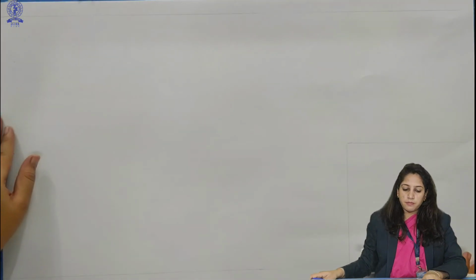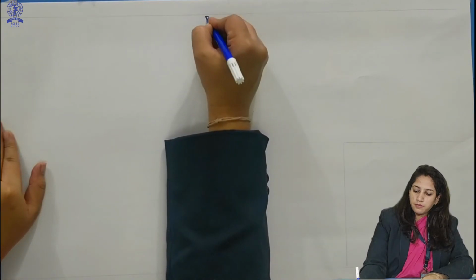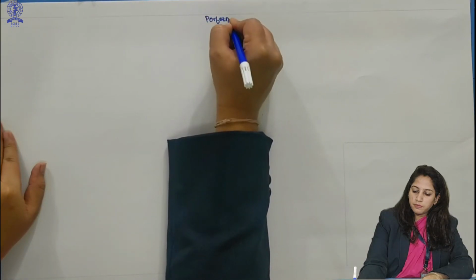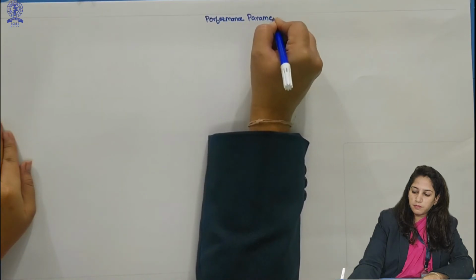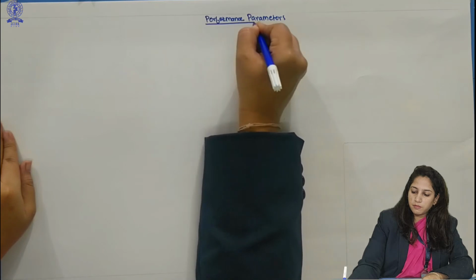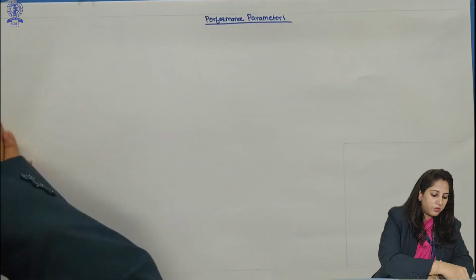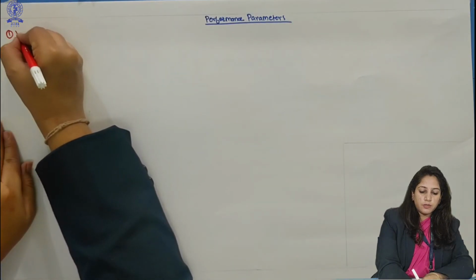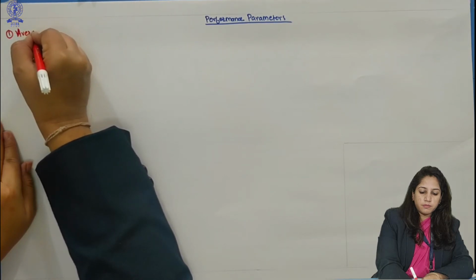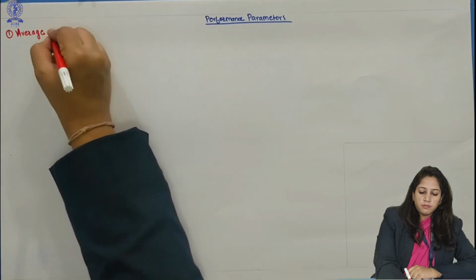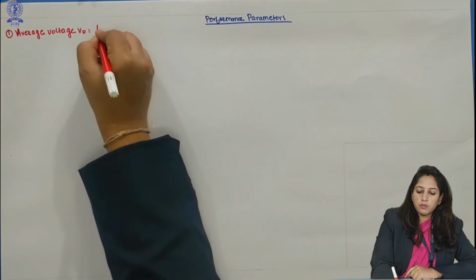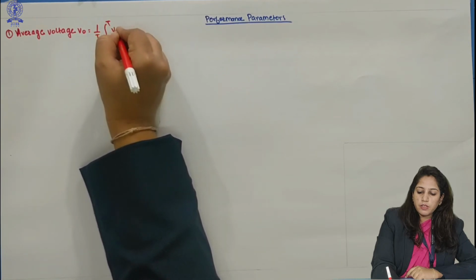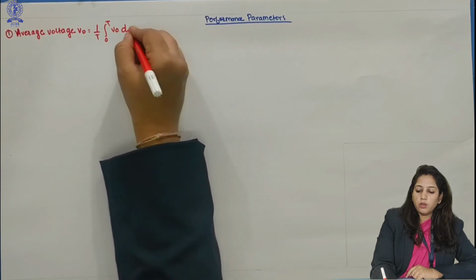Let's see the performance parameters for it. Very first is the average voltage, V0, whose formula is 1 by T, integral from 0 to T, of V0 d theta, or d omega t.